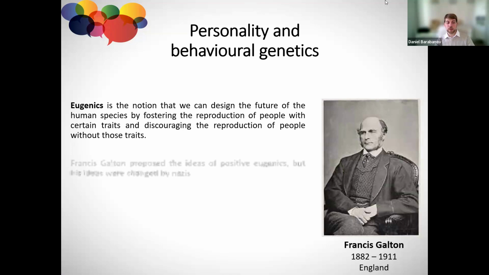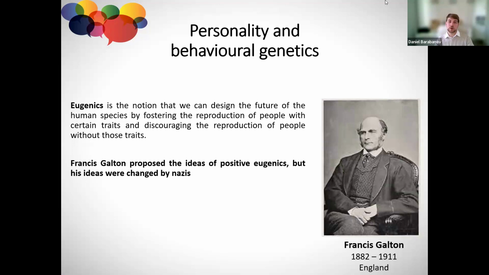But later, these ideas of so-called positive genetics, it's positive because we're trying to multiply good genetic qualities, were used by Nazi Germany as a justification of exterminating people, whom they considered genetically inferior. Probably if you know the history of the 20th century, you've heard about Nazi Germany and their understanding of genetics.